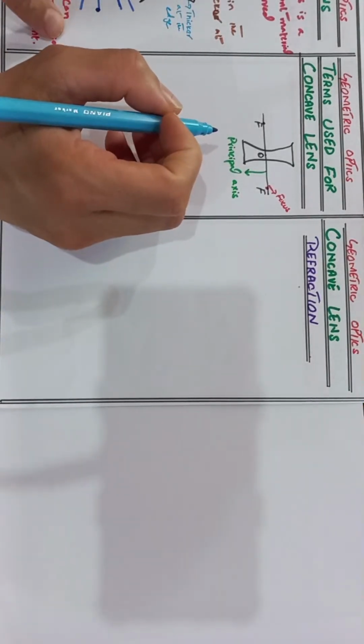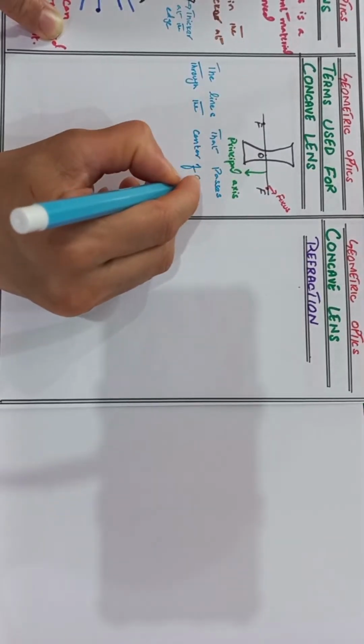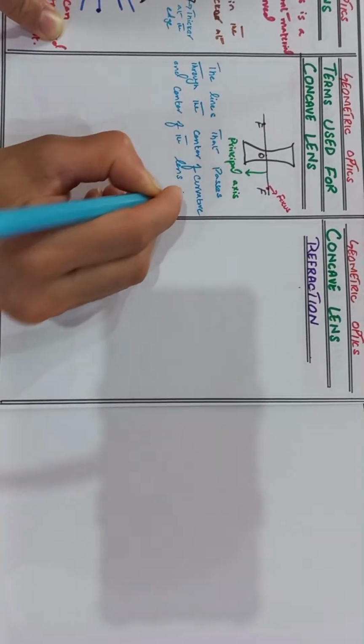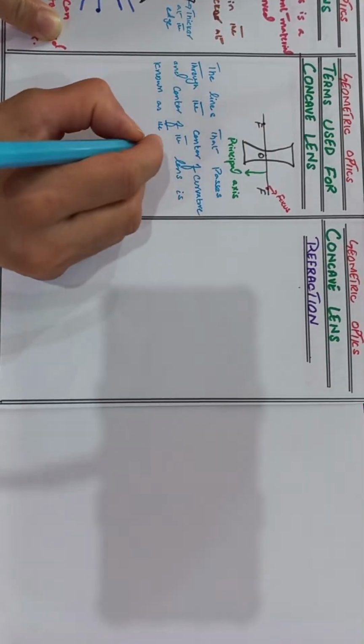So here we write that the line that passes through the center of curvature and center of the lens is known as the principal axis.